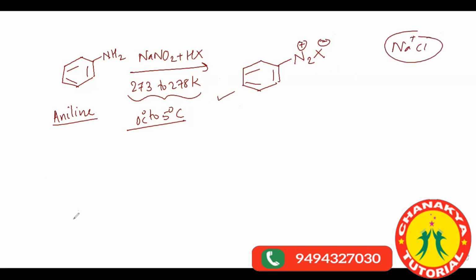In the same manner here also, we call it a salt because it's a diazonium salt. We can say benzene diazonium halide. That halide can be either chlorine or bromine.